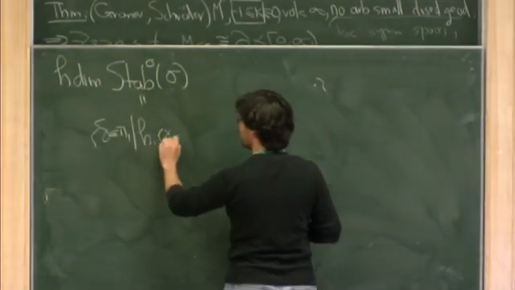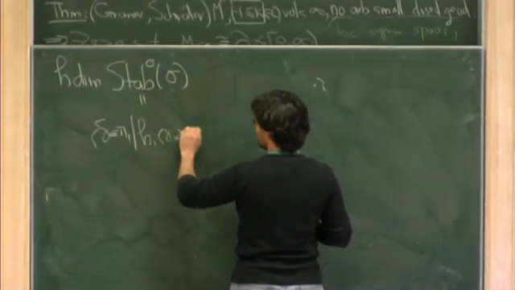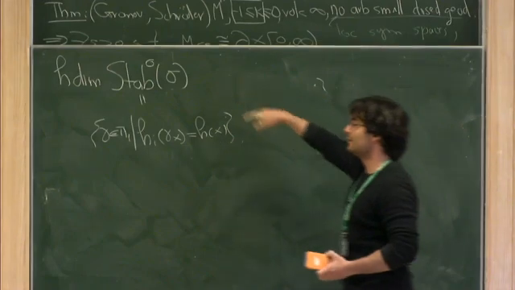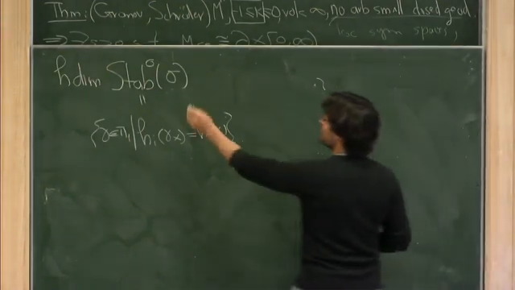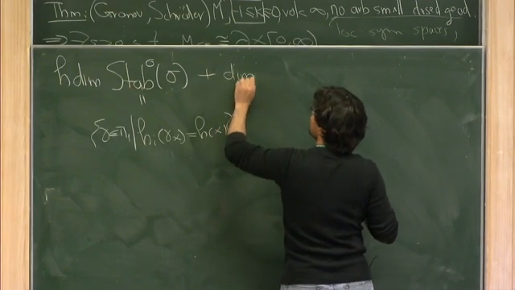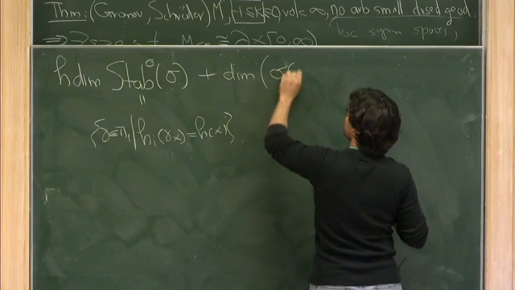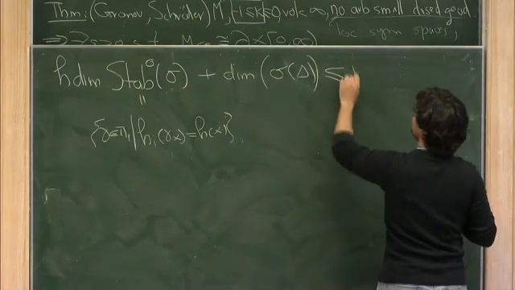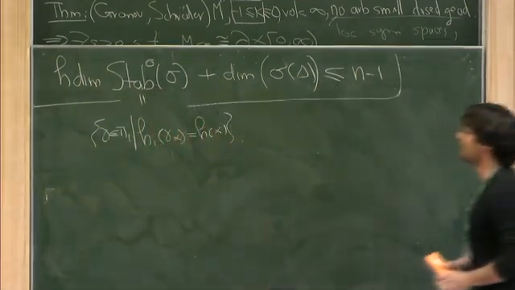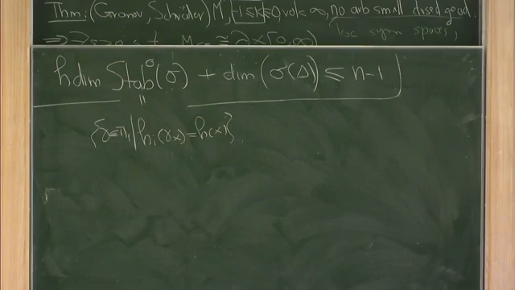So h_i(gamma x) is equal to h_i(x). So it fixes the points at infinity, but also horospheres at those points. So the homological dimension of that plus the topological dimension of the simplex is less than or equal to n minus 1. So this is somehow a key bound that one can prove for these simplices.